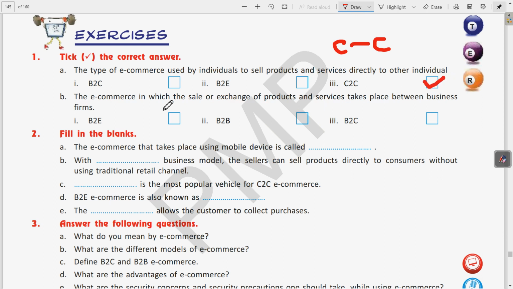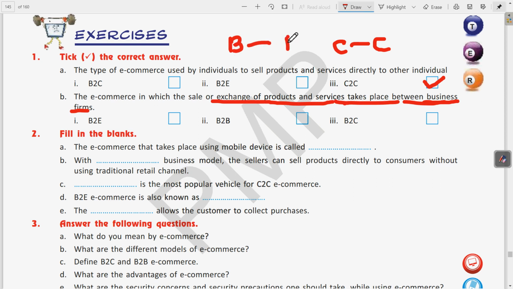Now coming to question B: the e-commerce in which the sale or exchange of products and services takes place between business firms. Here there is involvement of business firms. Clear? So when there is an exchange of products or services between two business firms, which model is this? This is business to business, because one business is selling a service to another business.